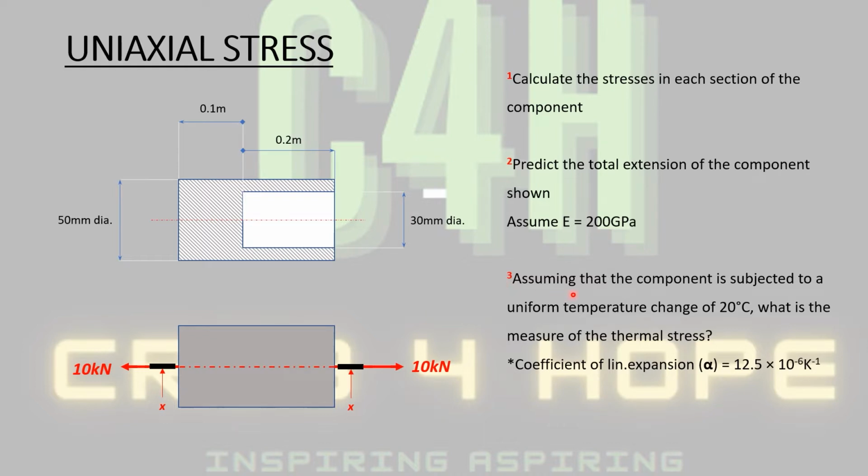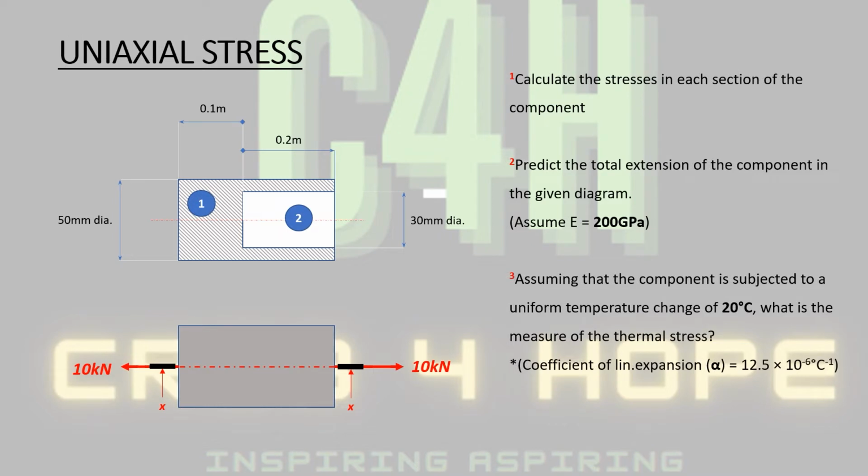Assuming that the component is subjected to a uniform temperature change of 20 degrees C, what is the measure of the thermal stress? For the material, the coefficient of linear expansion, alpha, is equal to 12.5 times 10 to the power minus 6 per Kelvin.